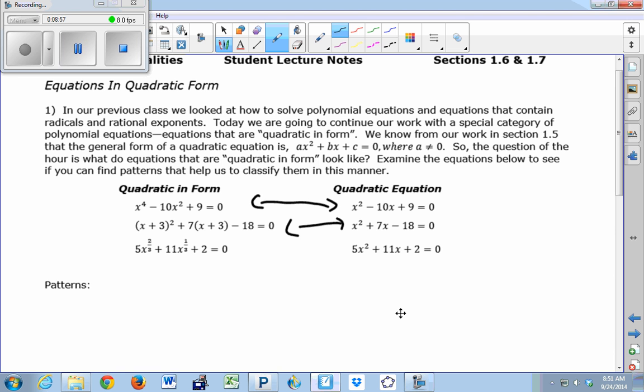So if I took this equation and I did something like this, this would not fall in the category quadratic in form. So there's something going on that you see always happening on this side that doesn't have to do with the A, B, and C. That's exactly being replicated on this side.